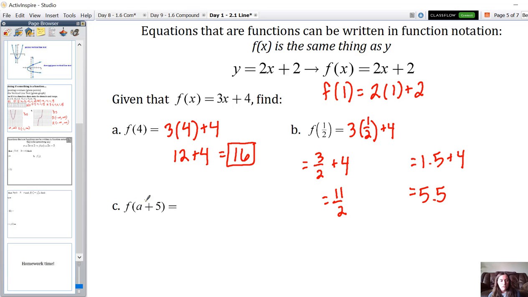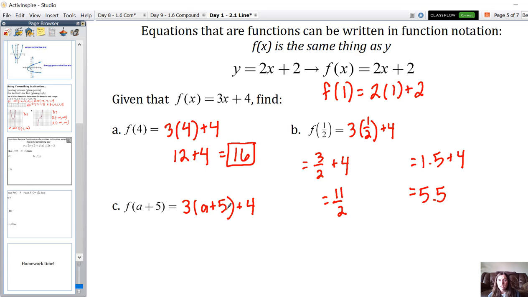Finally, it says f of a plus 5. That still means anywhere that I see x, I'm going to put a plus 5. When I do that, I'm going to put it in parentheses because I want to make sure that I account for that entire term. So we've got 3 times the quantity a plus 5, and then plus 4.